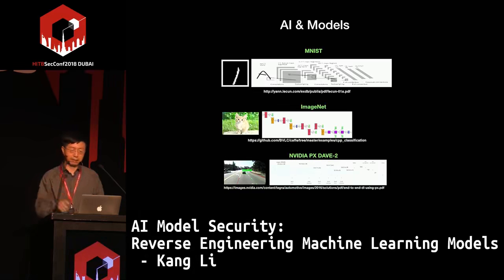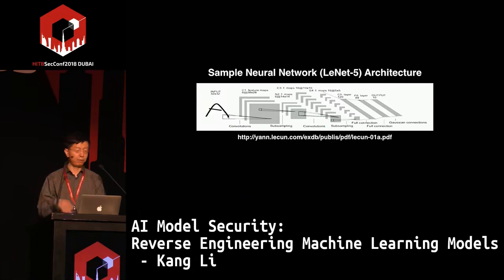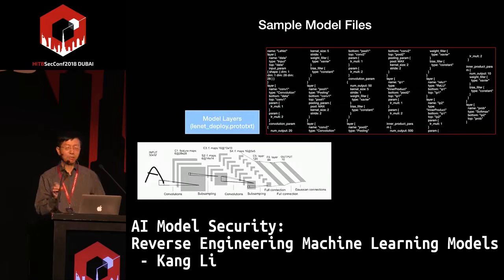Again, there's a layered example. So take the first one as an example. Often you will see this type of picture, but have you ever looked at what the model file looks like? Okay, I'm going to let you see some of the simple ones. So look at this very simple one. This is the MNIST one. And if you take the example, this usually comes from the framework.